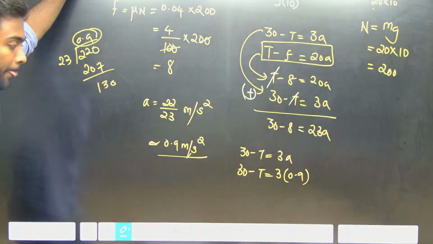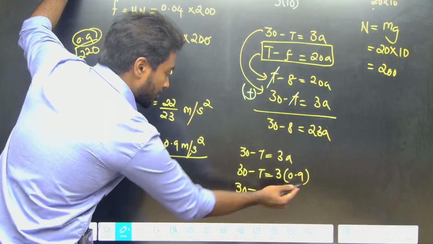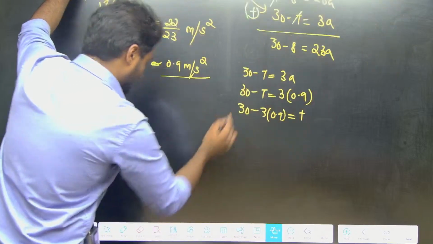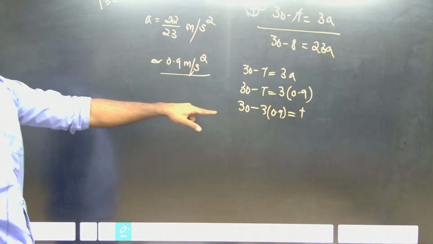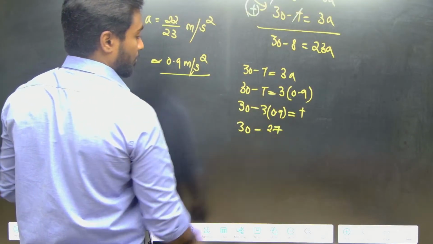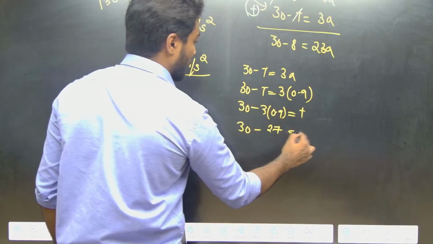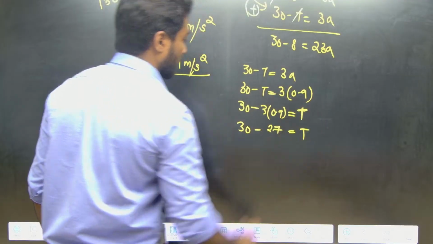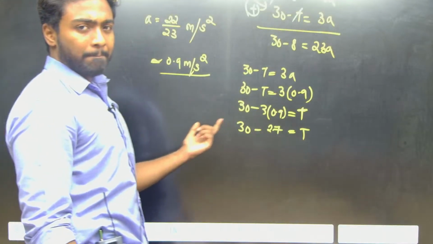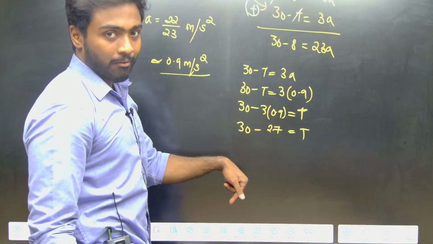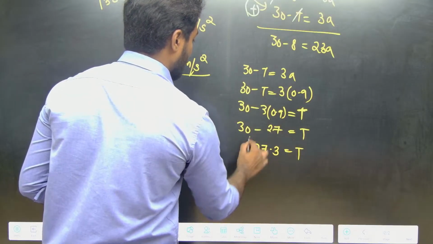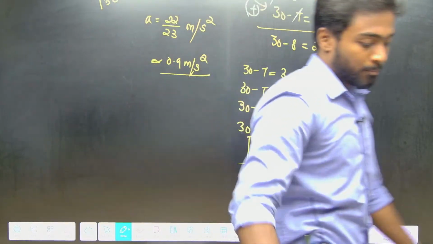So 30 minus 3 into 0.9 will be equals to T. So 30 minus 2.7, we will get 27.3 is equals to tension, 27.3.